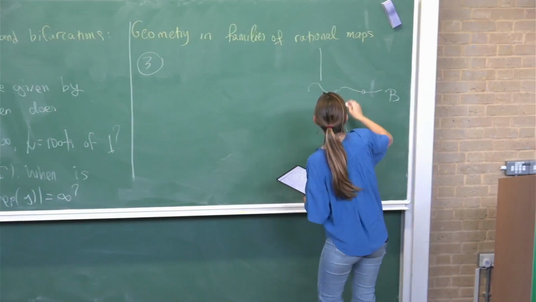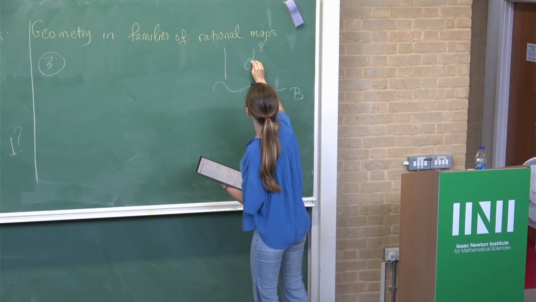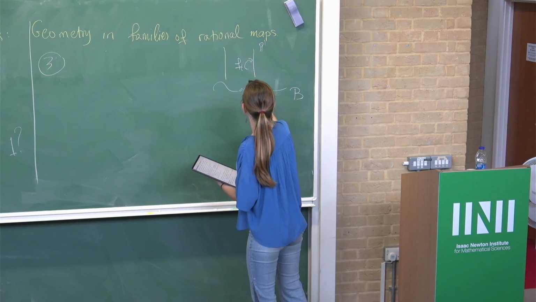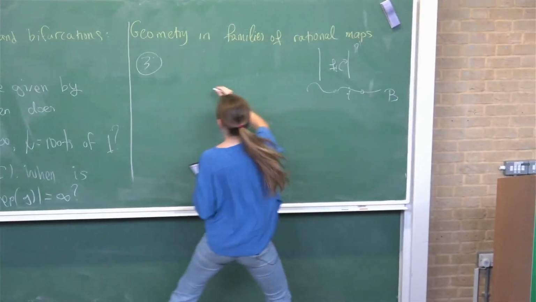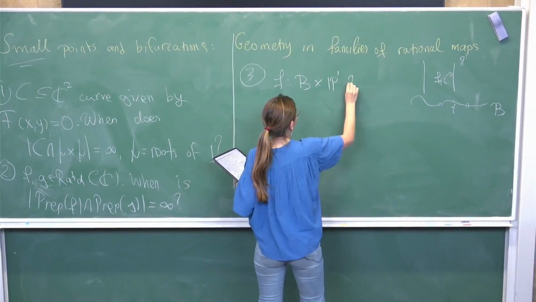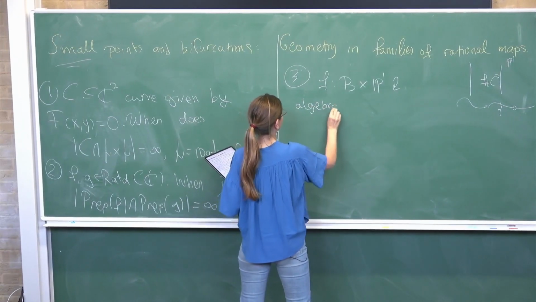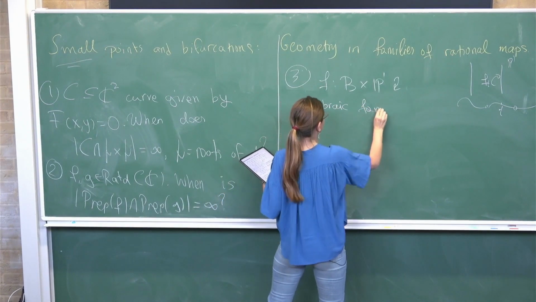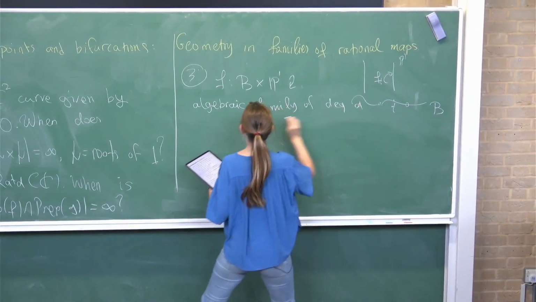And on each fiber, I have a P1 and a rational function f_t acting on it, say of degree D. So f from B to itself is what I'll call an algebraic family of degree D maps.